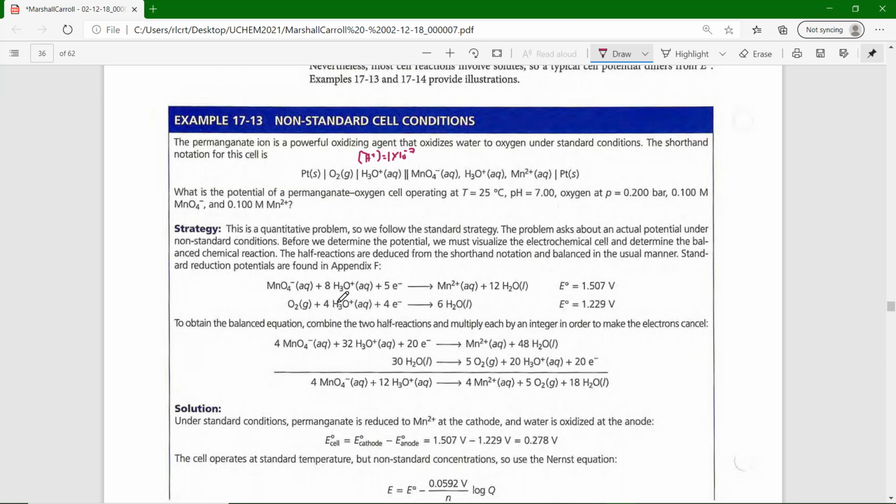Let's see. 6, 12, 12. Oh, the oxygen here in H3O plus is minus 2. Here it's minus 2. Here it's 0. Here it's minus 2. So that appears to be reduced. Oh, so the manganese has got to be the other.